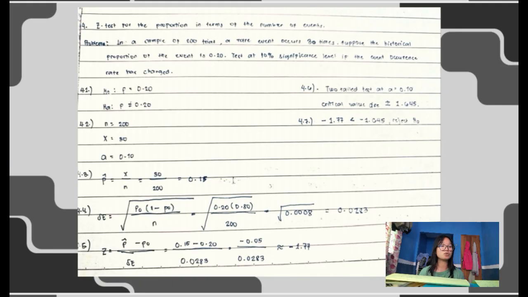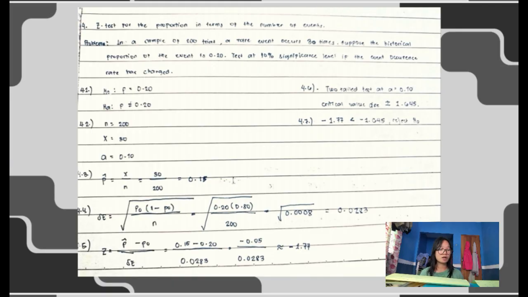The next step is the known values, where we identify n, the sample size, which is 200, and x, which means the observed event. As you can see in the problem, the given observed event is 30. And alpha, the significance level, is 0.10.